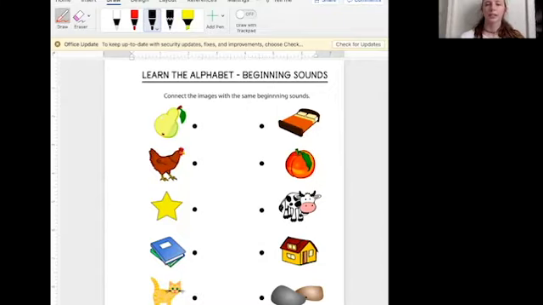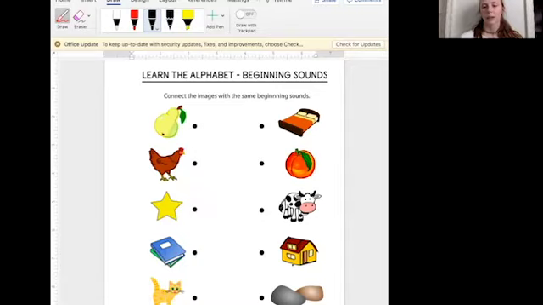Here is a demonstration of how this lesson could be taught. Today we're going to be doing matching with the beginning sounds. Let's look at what sounds we have on the left. We have p, p in pear, h, h in hen, s in star, b in book, and k, k in cat.